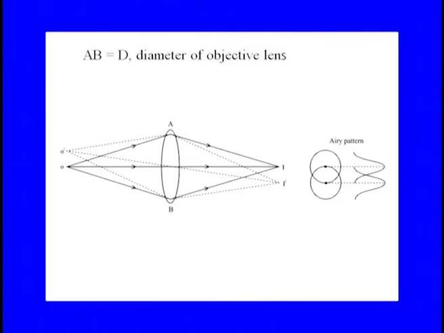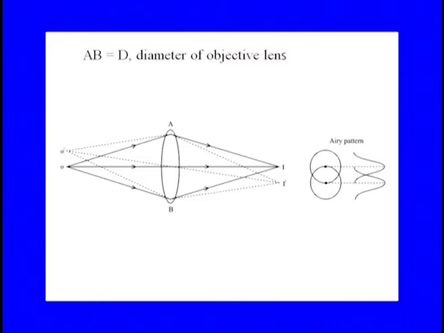If these objects are to be resolved in their images, then according to Rayleigh's criterion of resolution, the distance II prime between the centers of the two central maxima should be at least equal to the radius of either one.